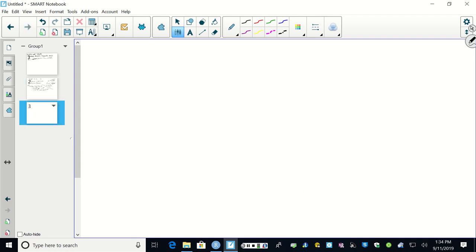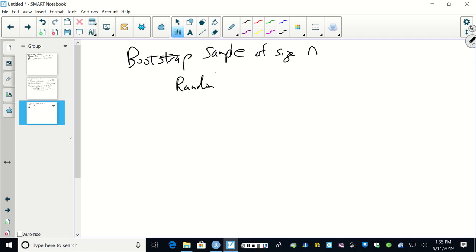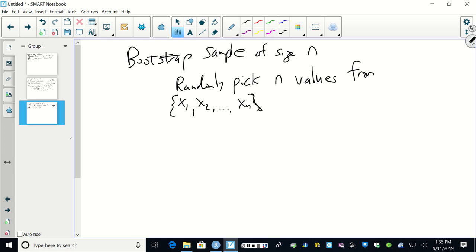So a bootstrap sample of size little n. We have n data points, so our bootstrap samples will also have n data points. Randomly pick n values from our original data, x1, x2, up to xn, put in a set if you like, with replacement.